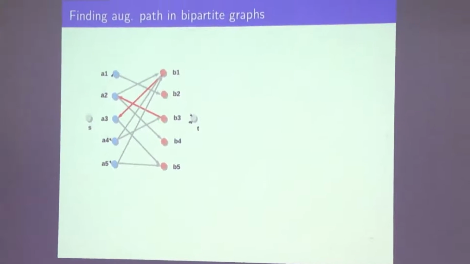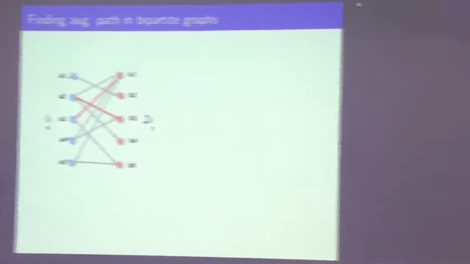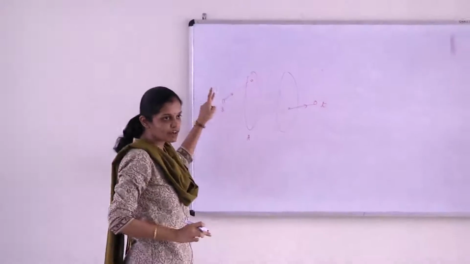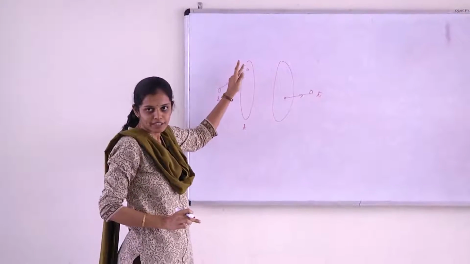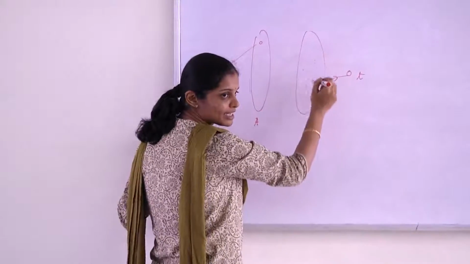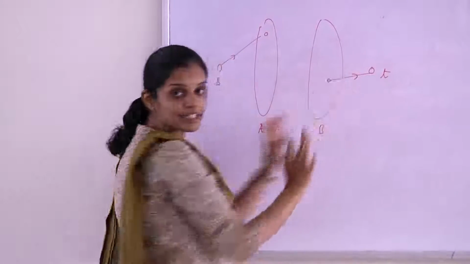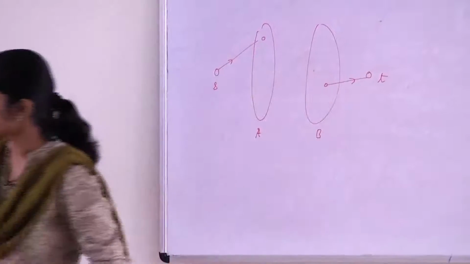So we have introduced these dummy vertices S and T, and we have very cleverly done the following: whenever there is an unmatched vertex on the A side, you draw an edge from S to that unmatched vertex. Whenever there is an unmatched vertex on the B side, you connect it to T, right? See, B3 was a vertex which is matched.